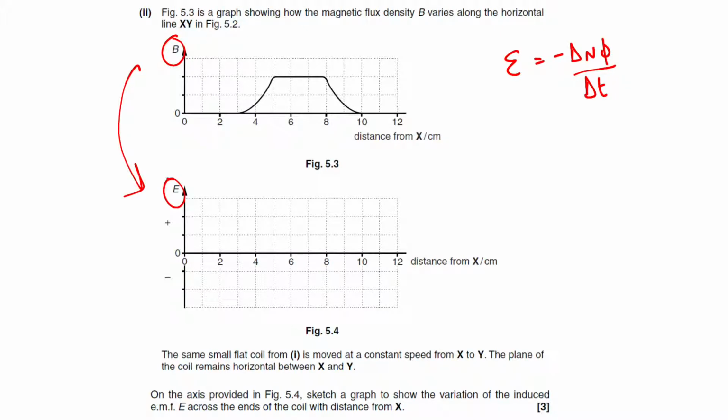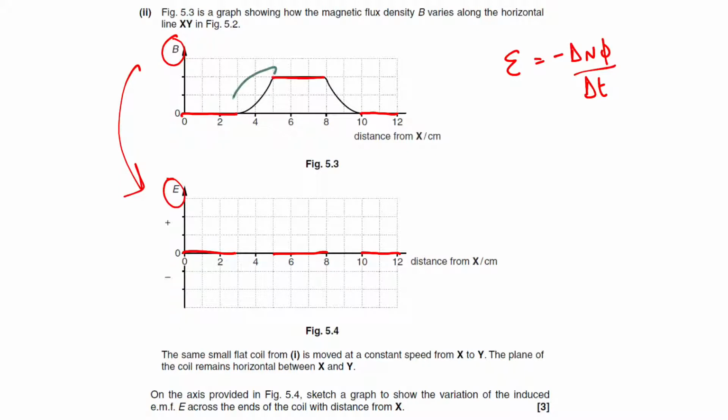So because there is no change here, here, and here, it's continually 0, that means you're going to get no EMF at those points. So 0 to 3, 5 to 8, and 10 to 12.